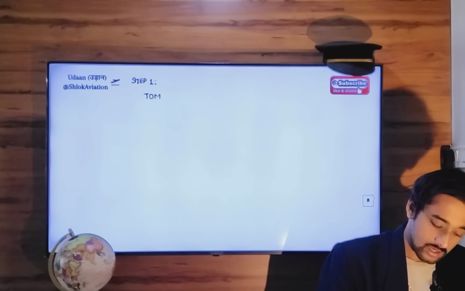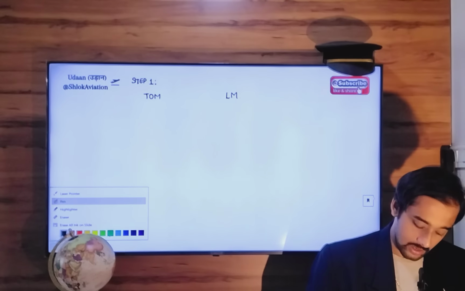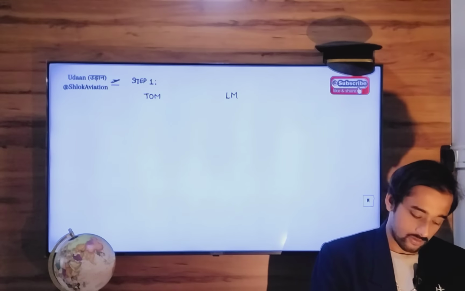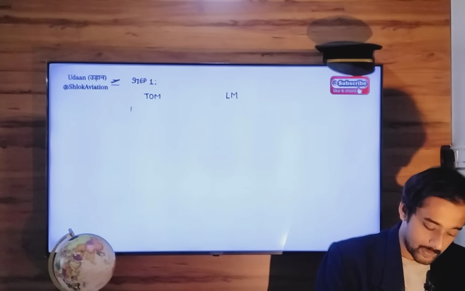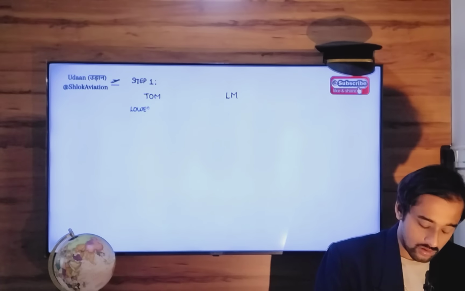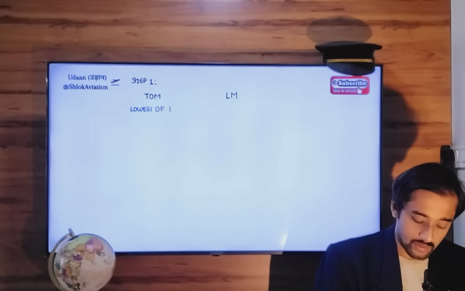Step 1, takeoff mass and landing mass. In the takeoff mass column, you are going to write the value which is the lower of performance limited takeoff mass and maximum structural takeoff mass.